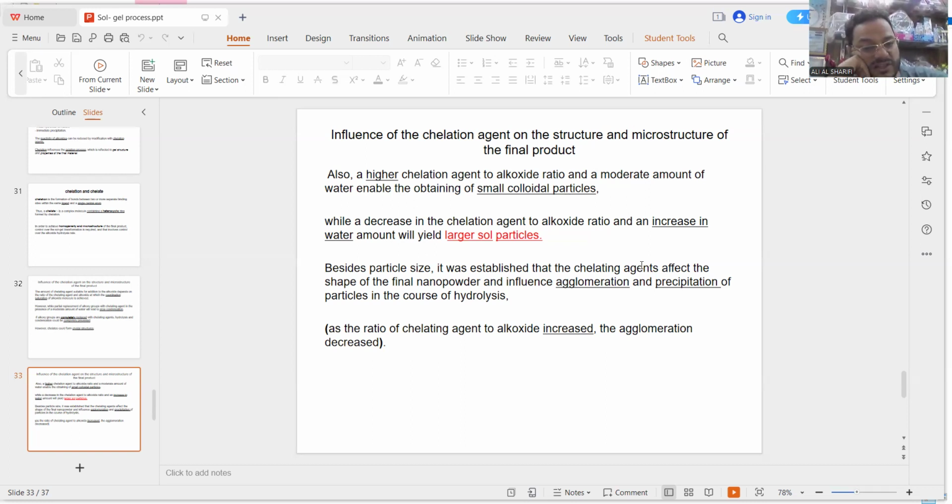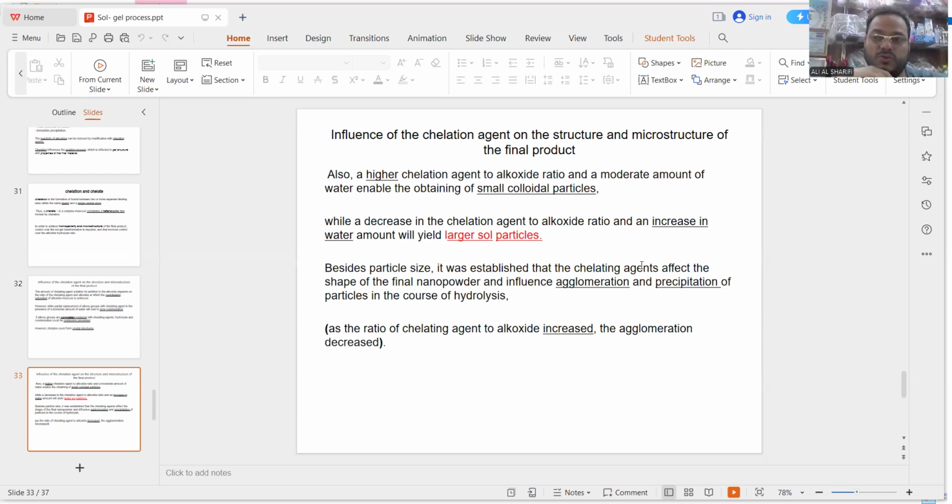As the ratio of gelating agent to oxide increased, the agglomeration decreased. I think that's good, because when the gelation agent is not high enough, the agglomeration will increase.